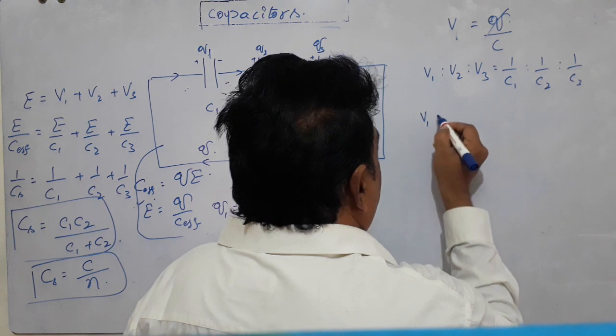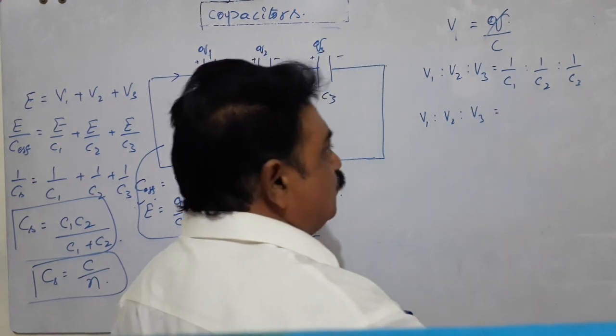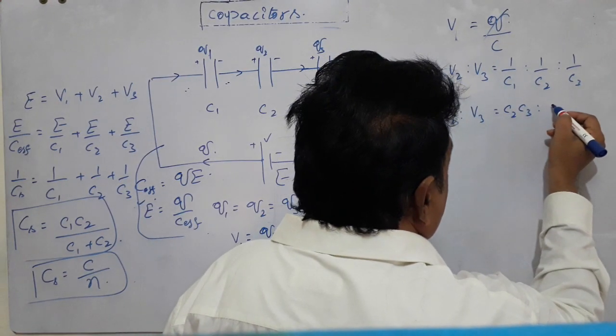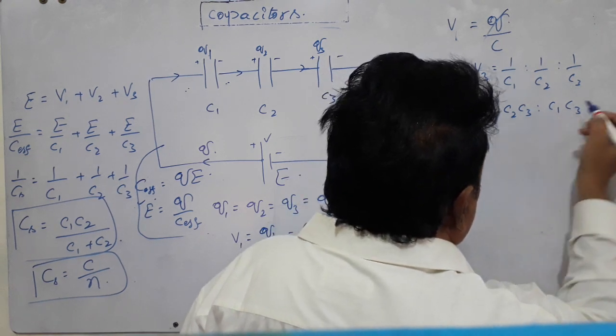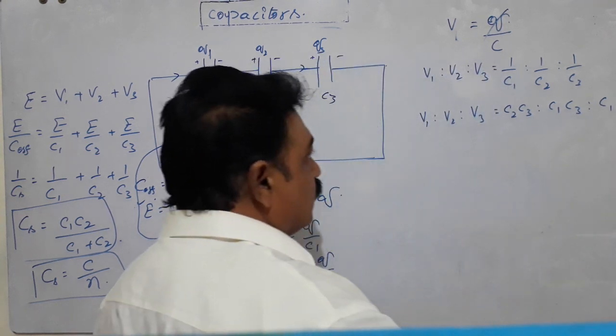Otherwise, you can take V1 is to V2 is to V3 is equal to C2 C3 is to C1 C3 is to C1 C2.